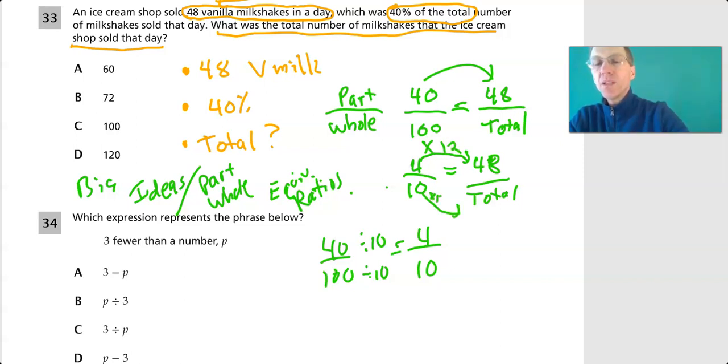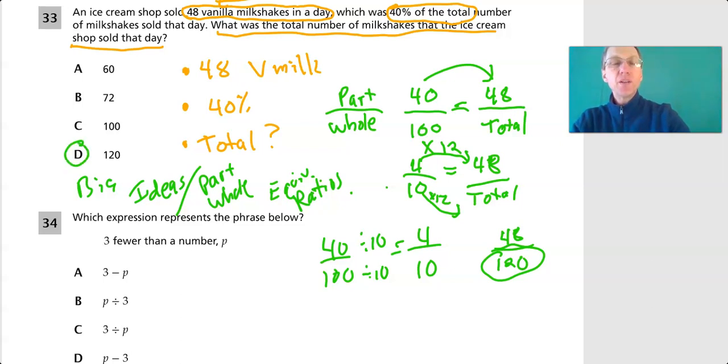So this can also be times 12, because I'm basically making an equivalent fraction, which means I have 48. 10 times 12 is 120. So the total milkshakes would be 120. All right? So that's just one way to do it. Let's kind of look over there and take a look. That's one way, 40%.